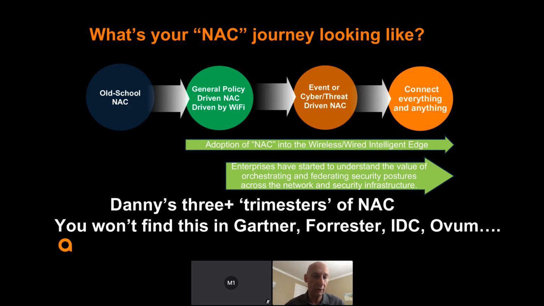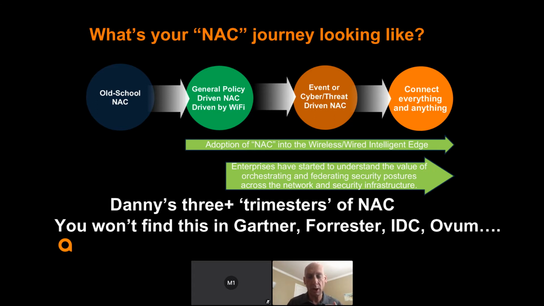And here at Aruba, you probably know us more as a wireless company, but we do a lot with the Policy Manager platform, my platform, 10,000 plus customers around the world, very extensive, every vertical you can think of, a lot of success. Just going back to that wireless connectivity, when people first deployed wireless with NAC, and this slide would normally build out, but I don't have that available to me today.